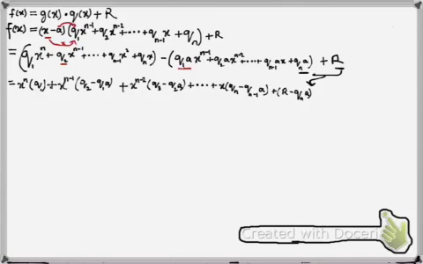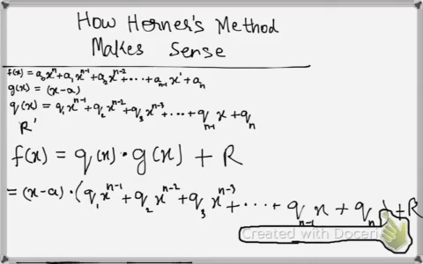So what was this? f of x. f of x is equal to all these things. So what was f of x originally? f of x originally was this thing, right?